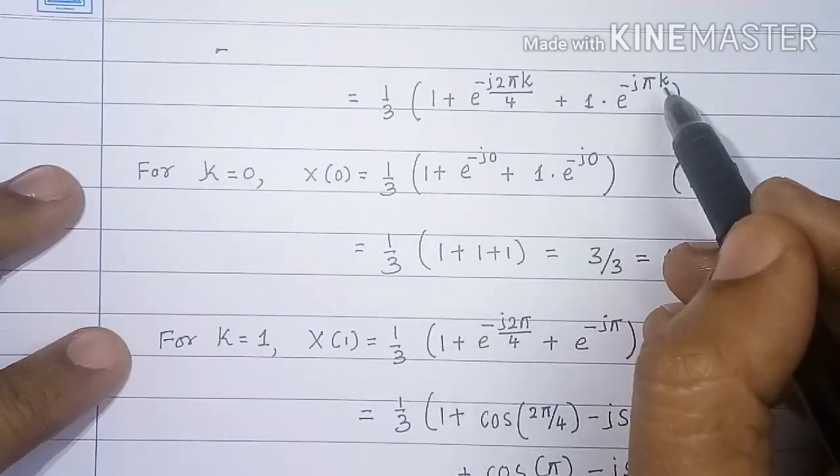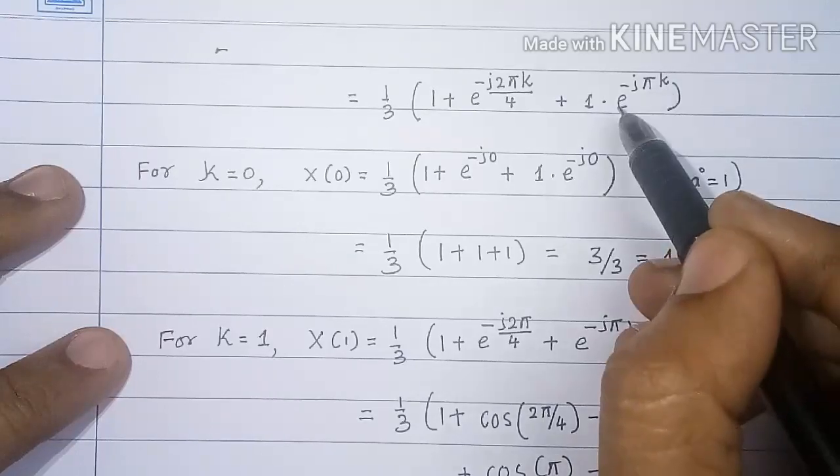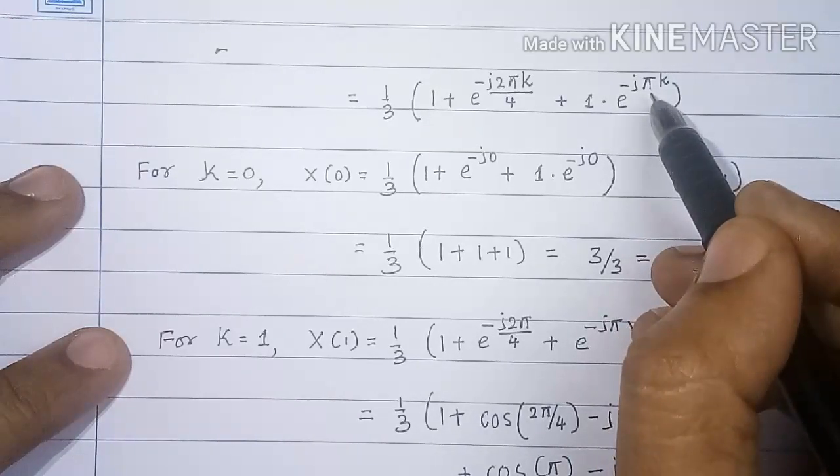And here if I put k equal to 2, it will become e raised to minus j 2 pi.